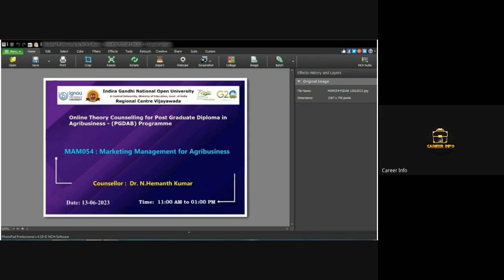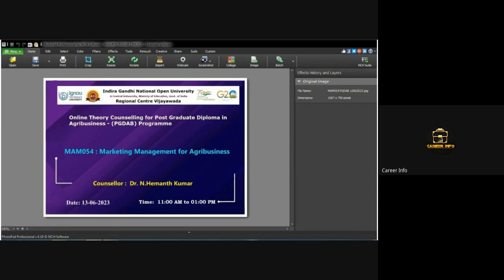As I mentioned, there are 7 different environments. Among those, first one is demographic environment. Second one is economic environment. Economic environment in the sense the changes of income of an individual, and changing consumer spending patterns. These two fall under economic environment. Third is natural environment. Fourth one is technological environment.